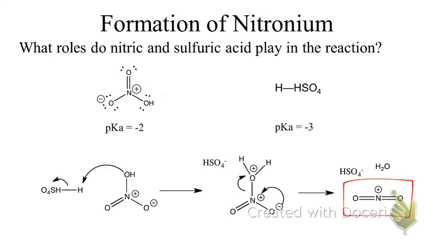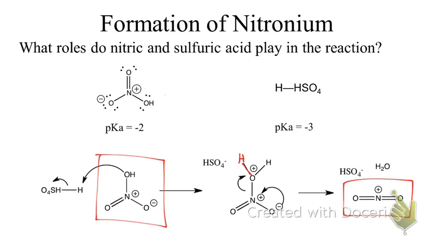What did nitric acid do during this reaction? It acted as a base. It accepted a hydrogen ion. So nitric acid, by definition a strong acid, acts as a Bronsted-Lowry base. Kind of neat.